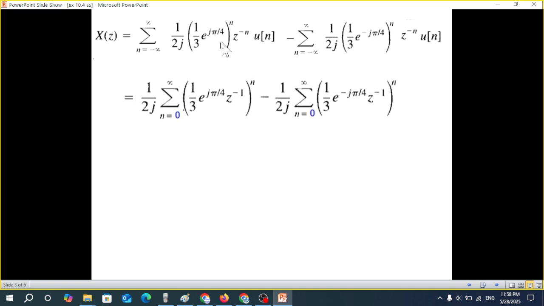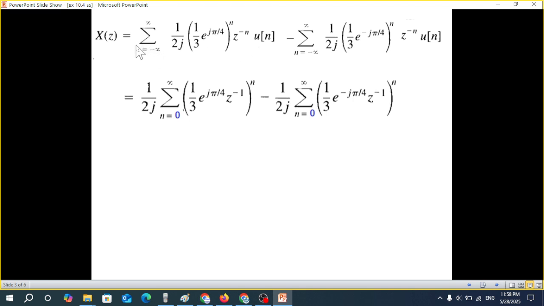Now we are also bringing z inside and taking n common, so z^(-1) comes inside. The other thing we have done is remove u[n]. You know that u[n] means multiply by 1 for n from 0 onward, and 0 before, for the negative side.